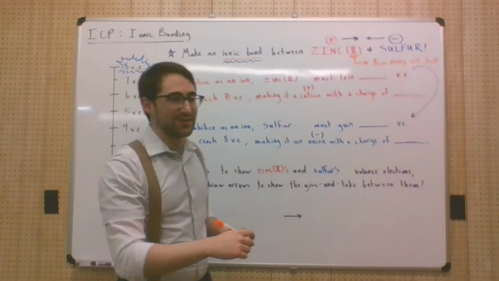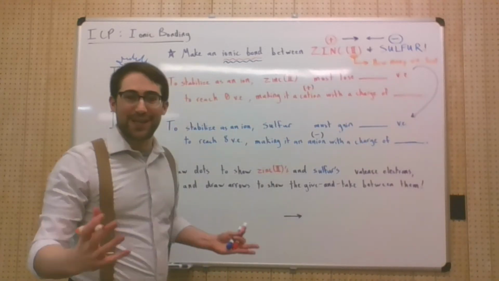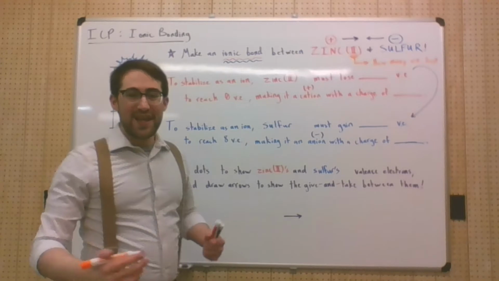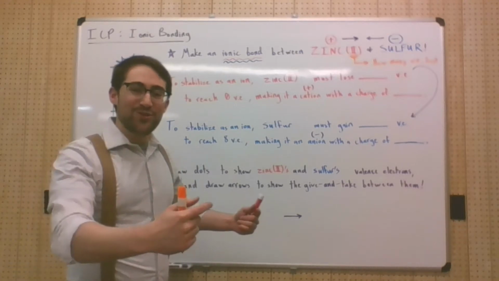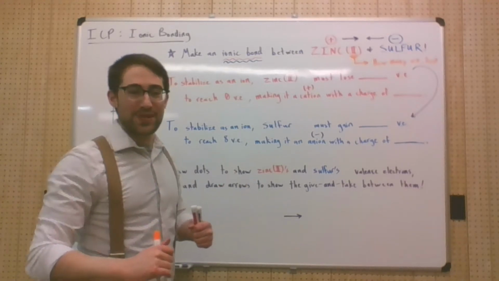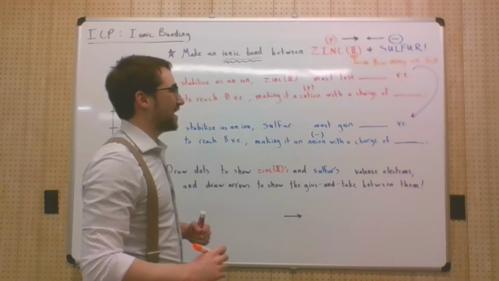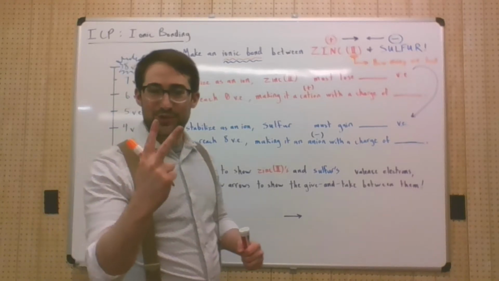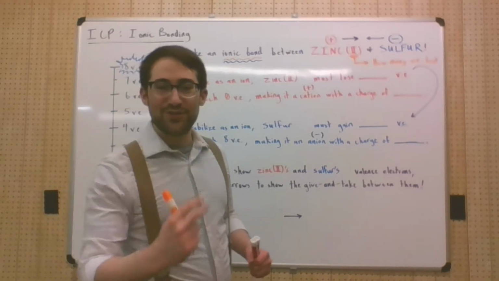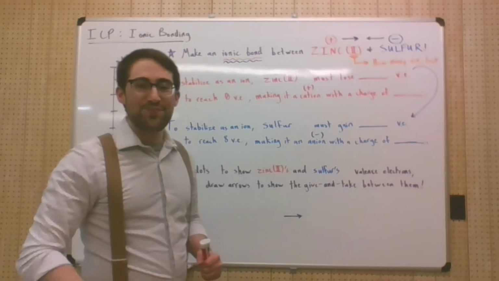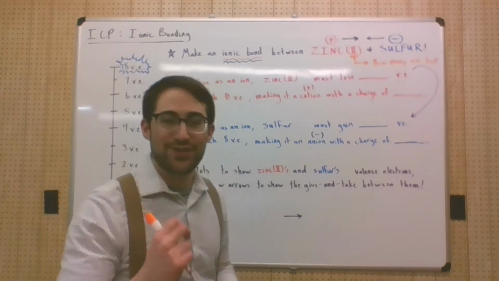How many valence electrons we're going to give up? Now, coincidentally, however many valence electrons you lose is how positive your ion becomes. So in this case, if zinc has a Roman numeral 2, that means it's going to lose 2 valence electrons, which means it's going to have a positive 2 charge.